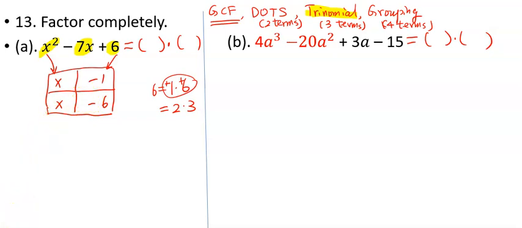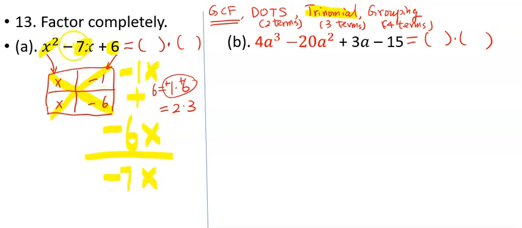Now let's check the diagonals. When we look at the cross multiplies, we have -6x, and then the other diagonal, we have -1x. When we combine them, we have -7x, which is exactly what we need for the middle term.